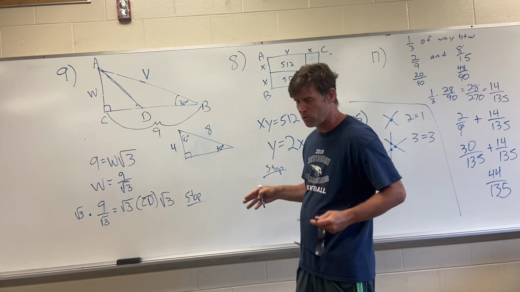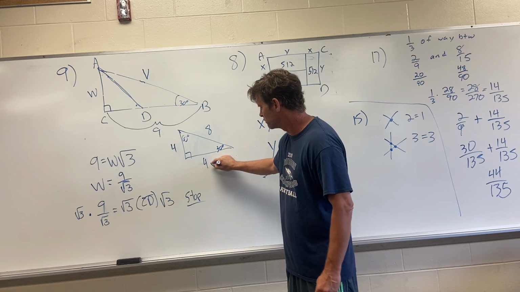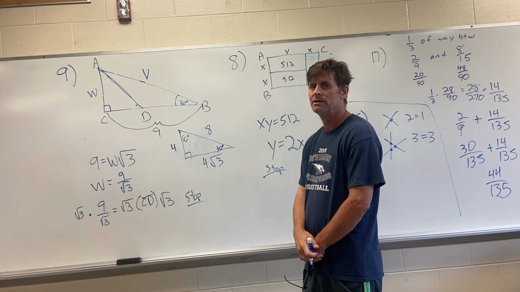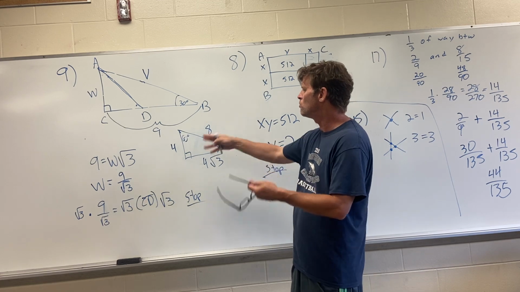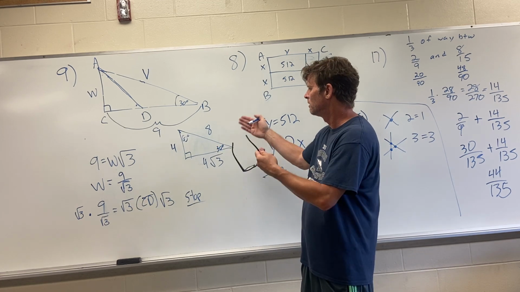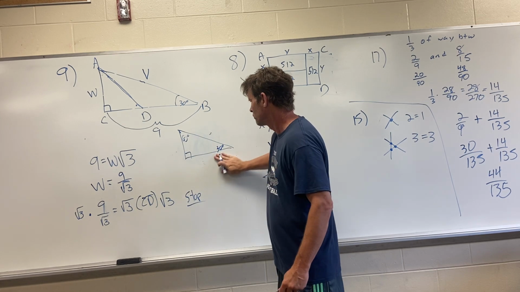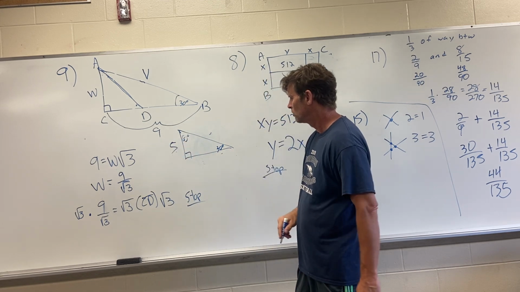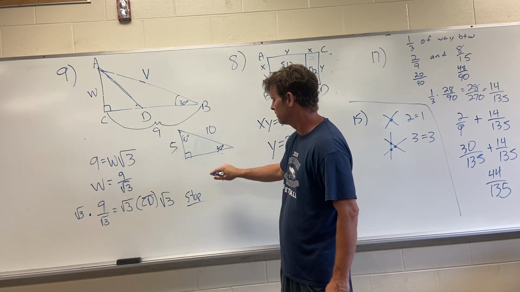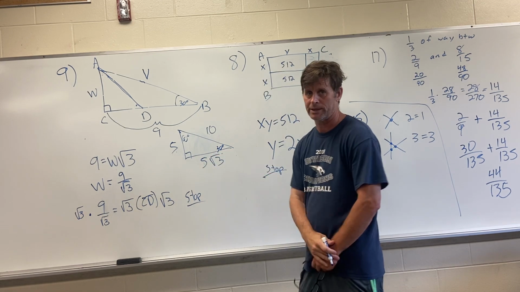And every time, the longer leg is the square root of 3 times the shorter leg. So if you have a 30, 60, 90 triangle and the short leg is 5 inches, then the hypotenuse is 10, and the longer leg is 5 times the square root of 3.